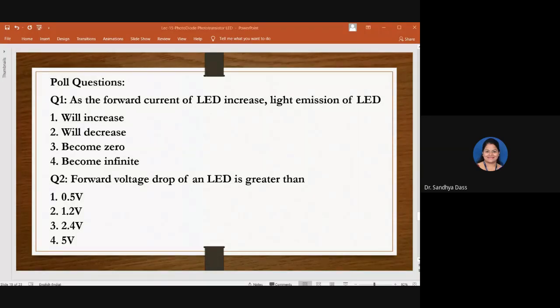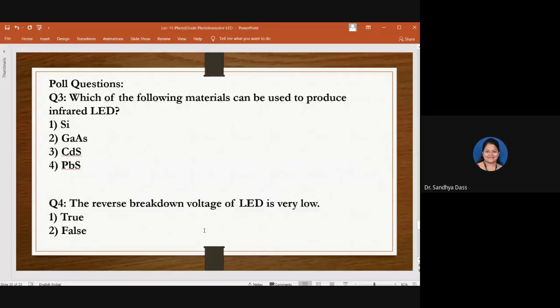I'm changing the questions there. I've not got any response till now. Answer both the questions, question 1 and 2. Okay. Moving on to the next 2 questions.